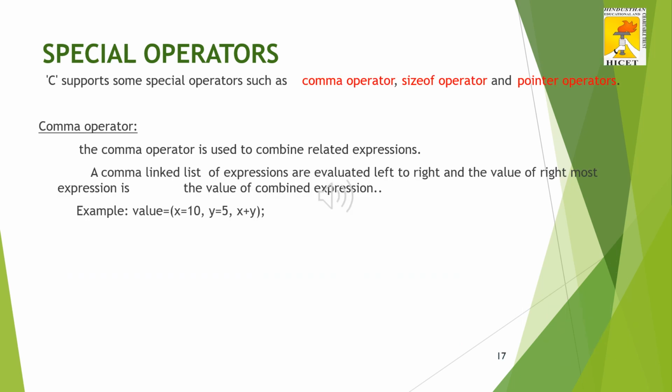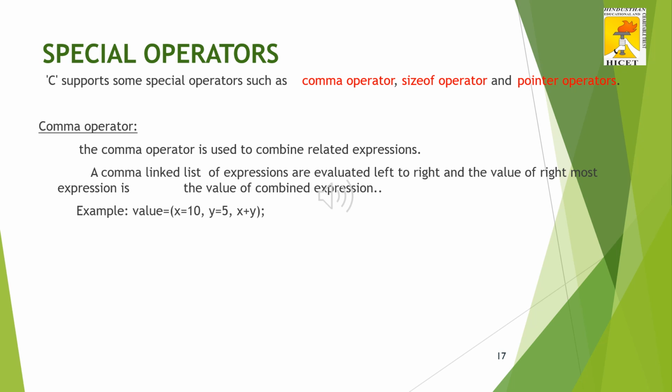So next one is the special operators. C supports some special operators such as comma operator, sizeof operator, then pointer operators. Comma operator means the comma operator is used to combine related expressions. Okay, that means if you want to relate these expressions, we use comma.